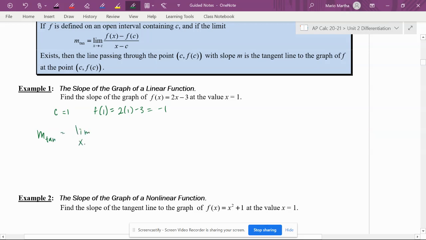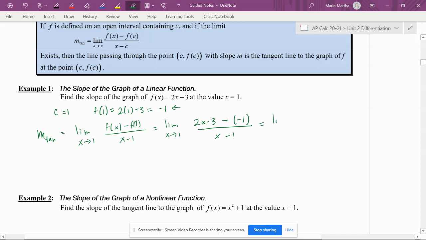So the limit as x approaches 1 of f of x minus f of 1 all over x minus 1. We substitute: the limit as x approaches 1 of 2x minus 3 minus the negative 1 that I just found, divided by x minus 1.